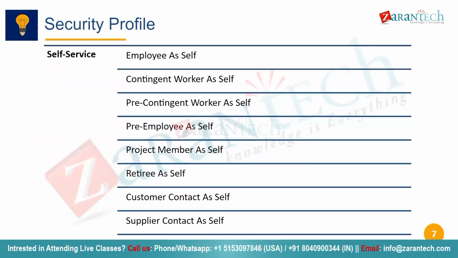Okay, and self-service means ideally we have employee as self, contingent worker as self, or the customer contact itself. So anything that is itself, these are also Workday delivered security groups, which will be automatically assigned to the employees based on this criteria.